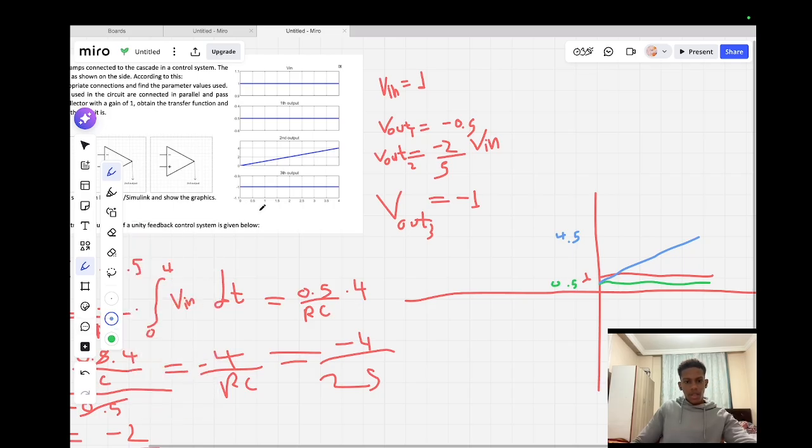And the last stage will be shifted by minus 1, shifted lower. We are going to start here at minus 0.5, and here it will be 3.5. So this is the final result.